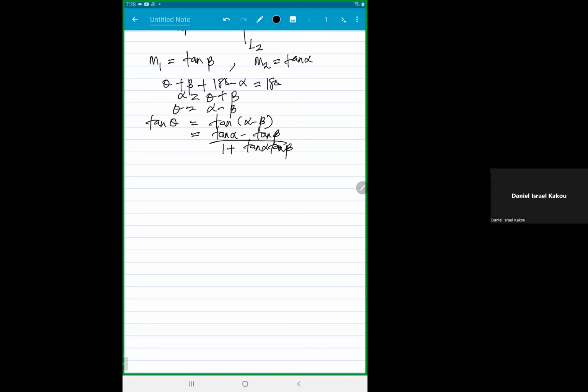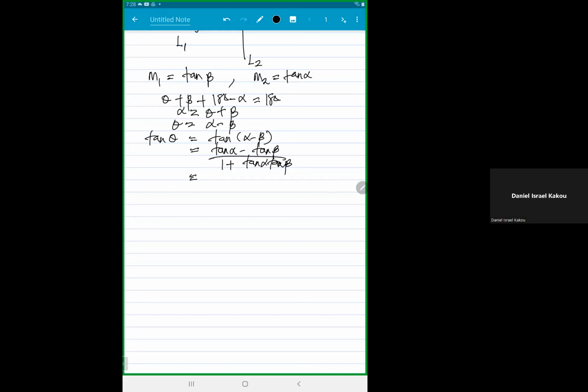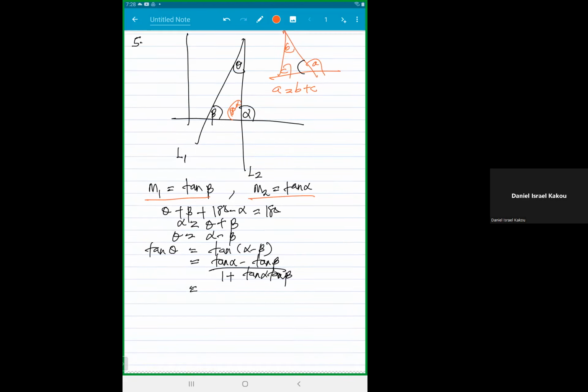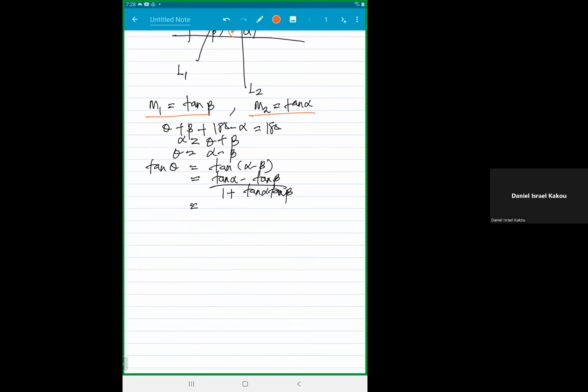Just at the beginning of our work, we explained what tan alpha and tan beta are. We said that the gradient of a line can be identified from the angle it makes with the x-axis, and that of L1 was tan beta, and that of L2 was tan alpha. Knowing that M1 is the gradient of L1, I can replace tan beta with M1, and tan alpha is M2.